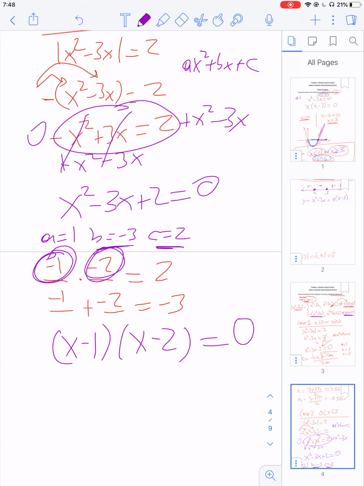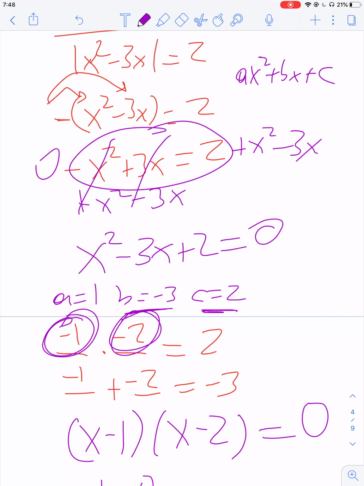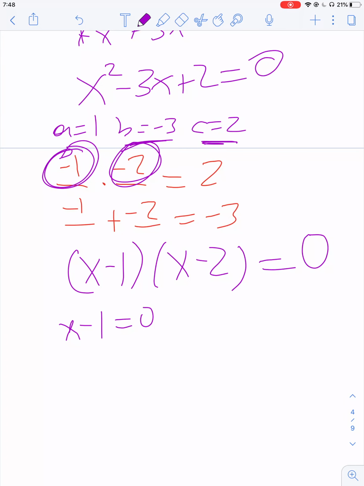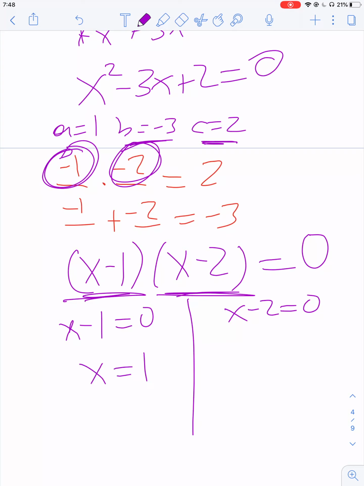Either x minus 1 is equals to 0, or, because you have a product, x minus 2 is equals to 0. Then just solve for x. So that means x is equals to 1, or x is equals to 2.